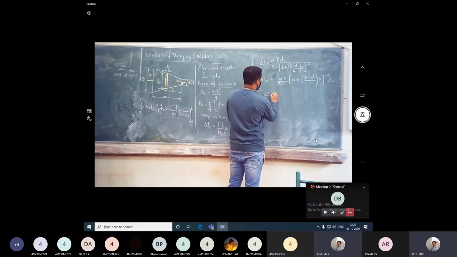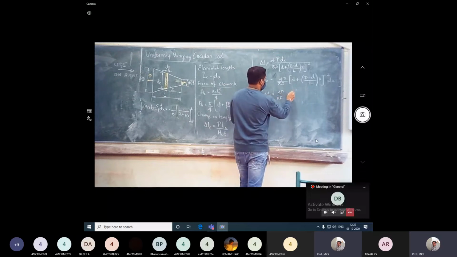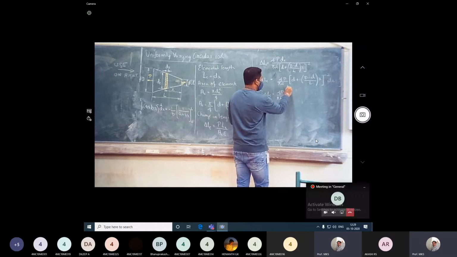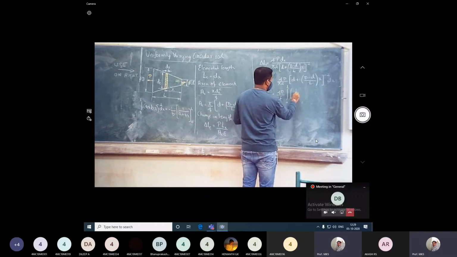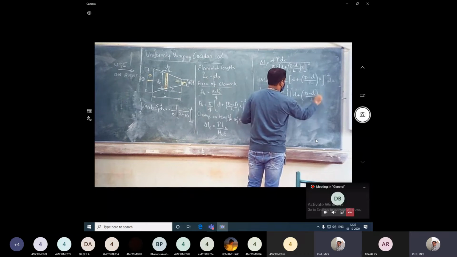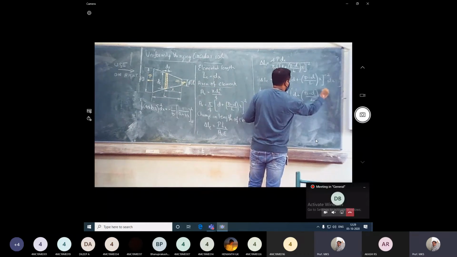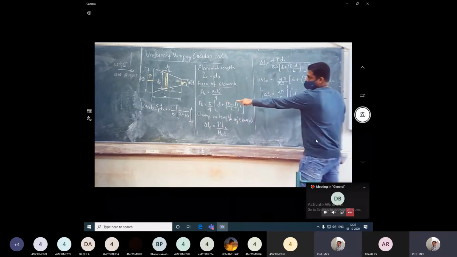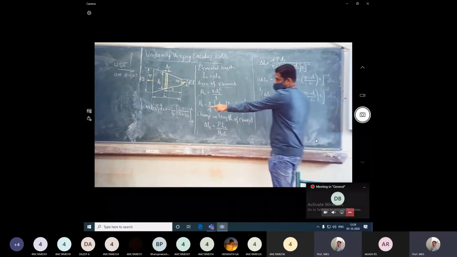So that is 4P by pi E into the integral from 0 to L of (d plus (D minus d) by L into x) to the power of minus 2 dx. This equation is in the form of that, so directly use it. Remember this.